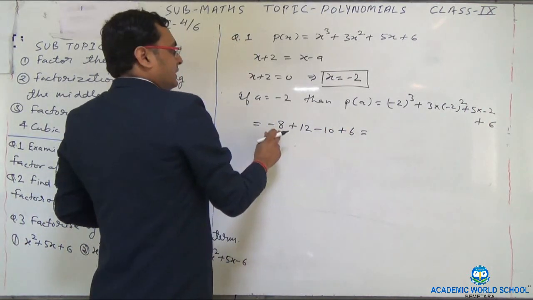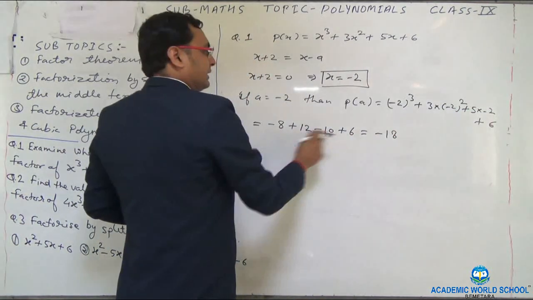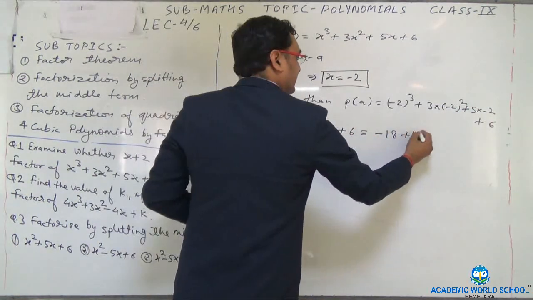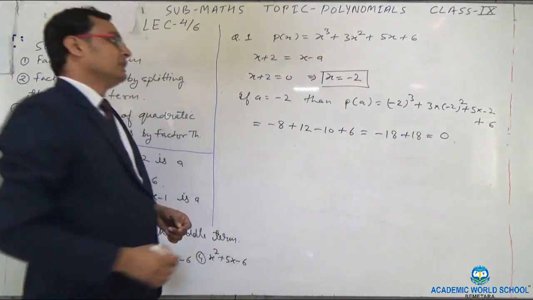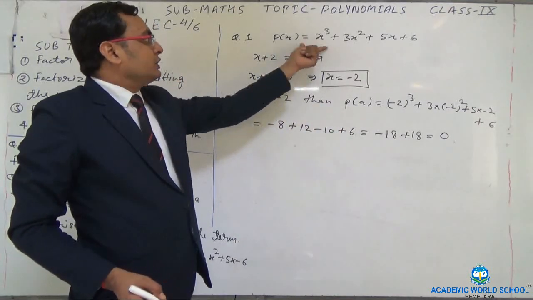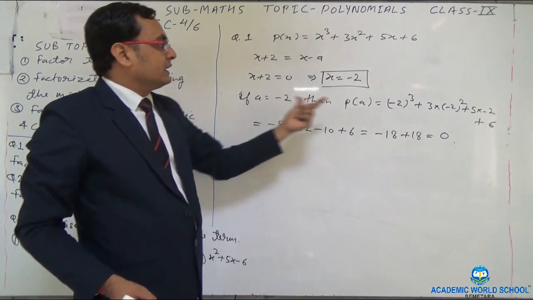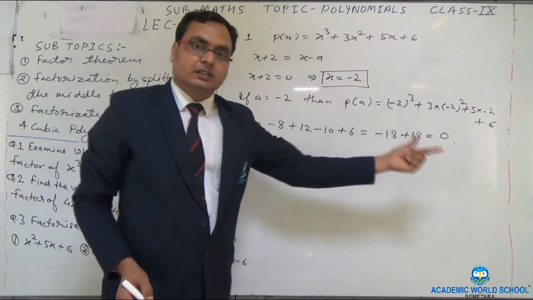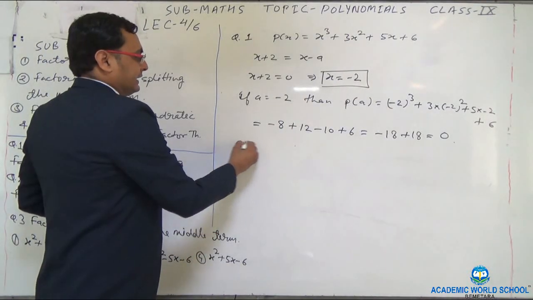Add this. Minus 8 minus 10 is minus 18, 12 plus 6 is plus 18, minus 18 plus 18 is 0. Now we know that on dividing this polynomial p(x) by this linear polynomial x plus 2, the remainder p(a) is equal to 0.